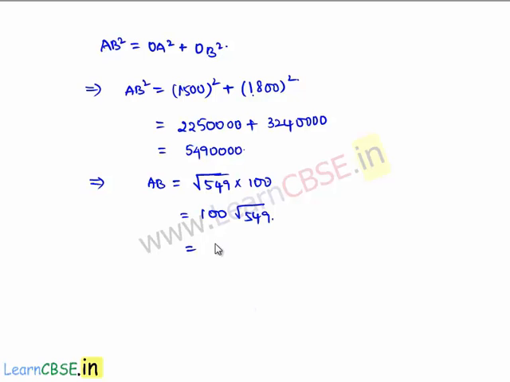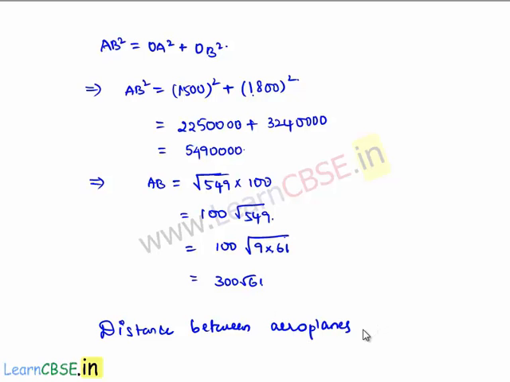On further simplification we get 100 into, if we take 9 common here, 9 into 61, that is equal to 300 root 61. Therefore the distance between the aeroplanes after 1.5 hours will be 300 root 61 meters.